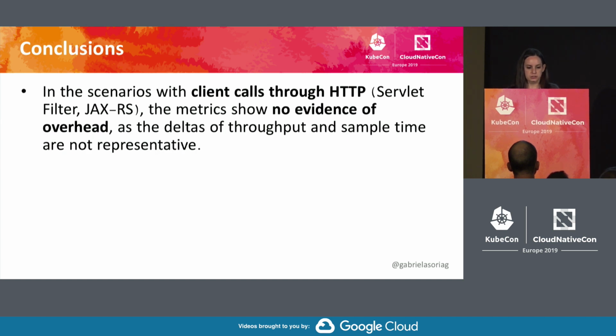And in the scenarios with client calls through HTTP, like Servlet Filter or JAX-RS, the metrics show no evidence of overhead, as the deltas of throughput and sample time are not representative.